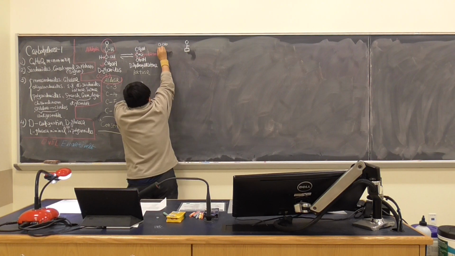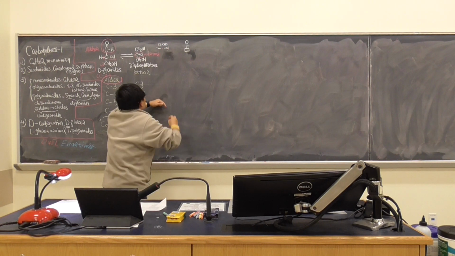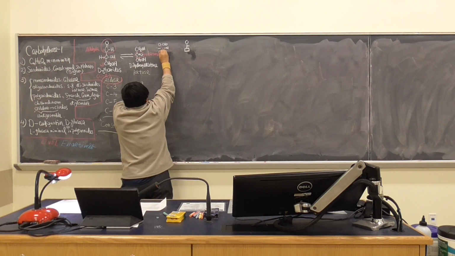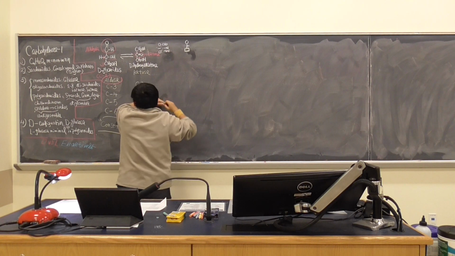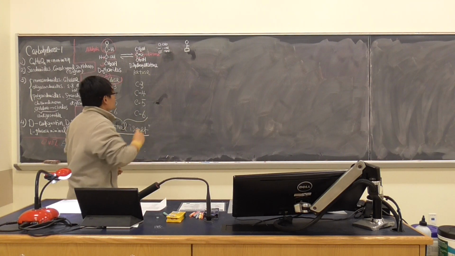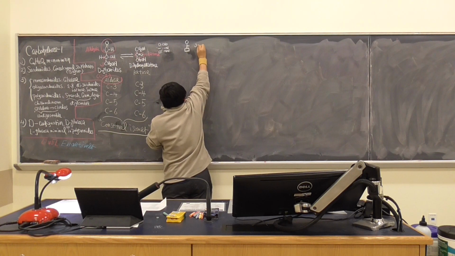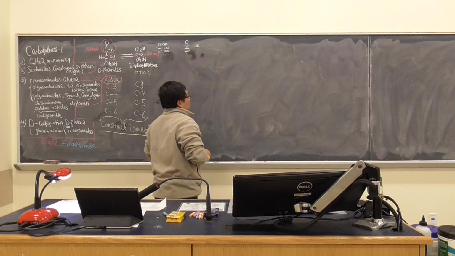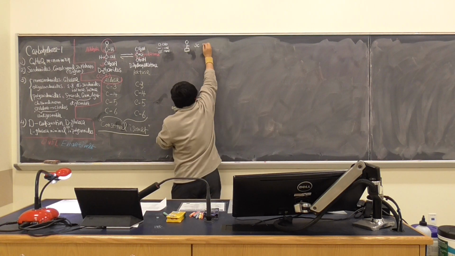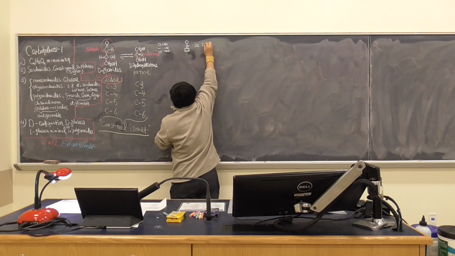The horizontal line means a hydroxyl group. And the box means CH2OH, which is always at the bottom. Let's start from the first one. This is 3 carbon, and since it's an aldose, we call it a triose.